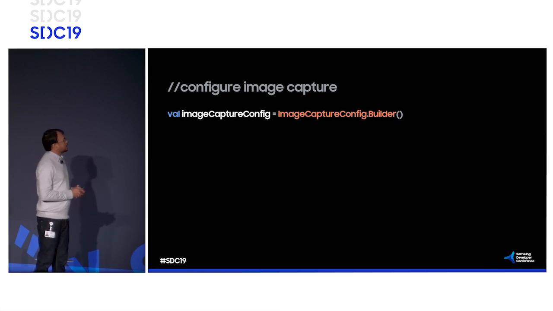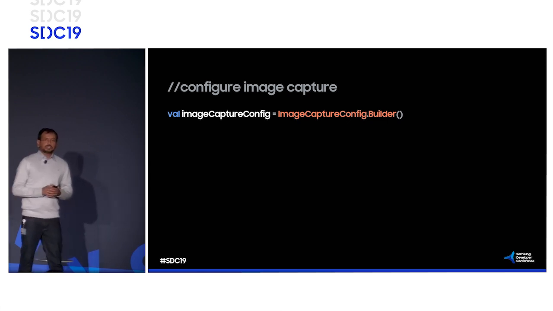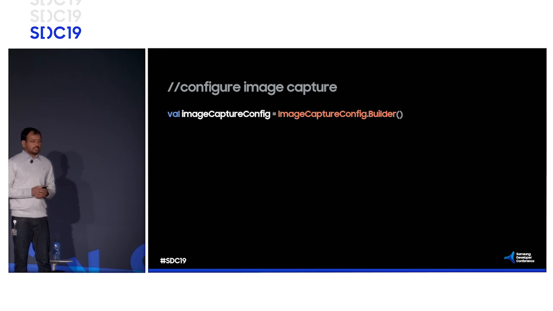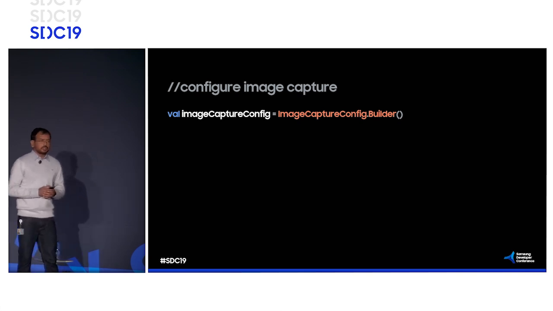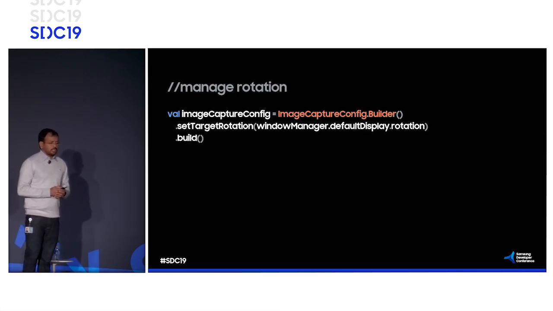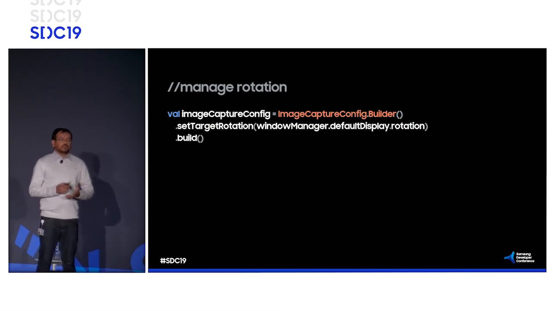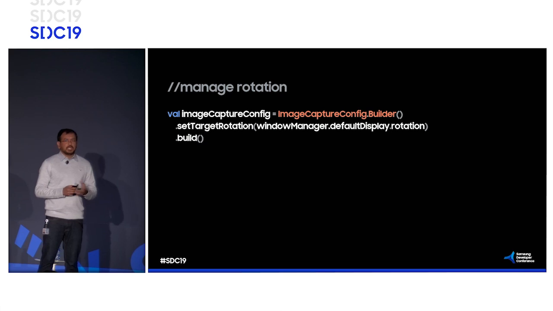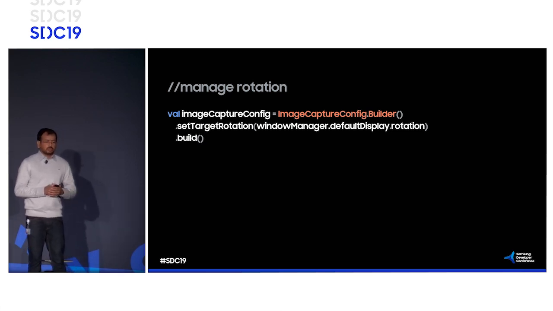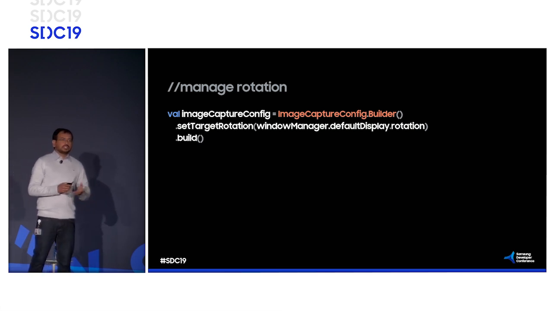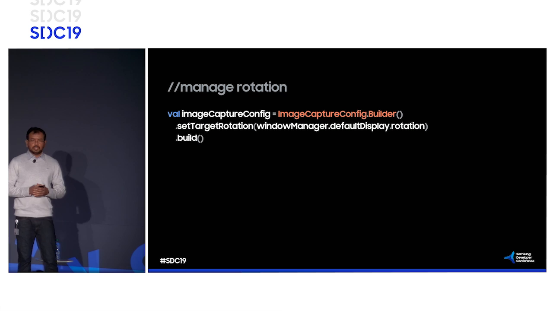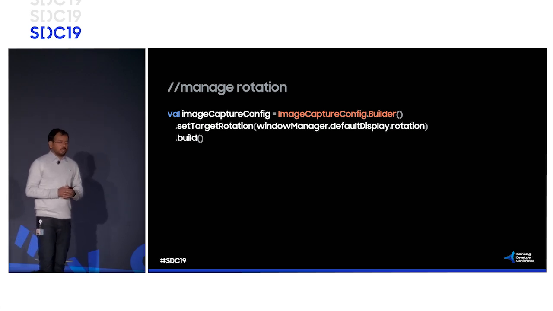Just like the preview configuration, you first set up the image capture config. Once you have done that, the rotation is trickier in Android, so CameraX handles that. You just have to set the rotation, and it takes care of whether the device is in portrait mode or landscape mode, and writes the correct EXIF data, and you don't have to worry about it.